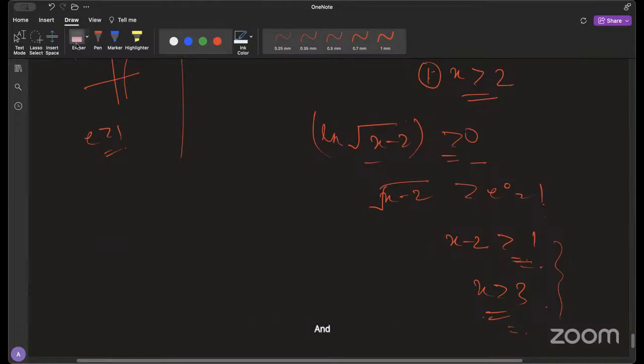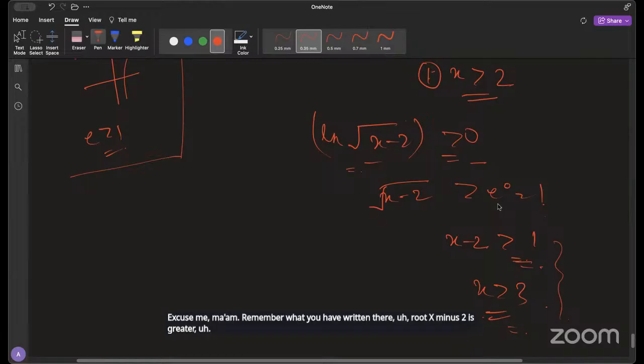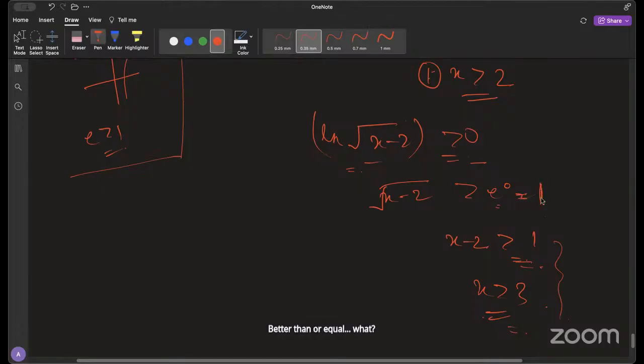It's very important to be at least able to find the domain and range of functions, especially when we are discussing continuity and everything. Yes, ma'am, what you have written there, root x minus 2 is greater than e to the power 0, and then it's 1.